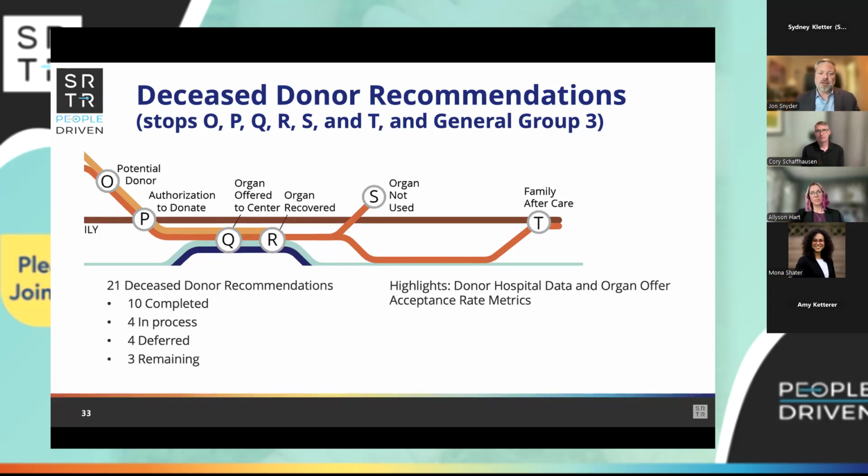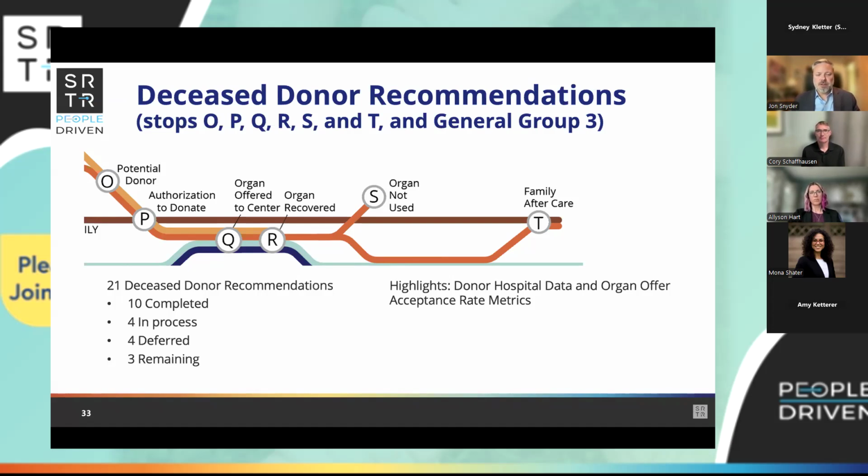Recovery of the organ is at stop R, and then whether or not the organs are transplanted. And the family aftercare component was a component of this system as well, as we know that our OPO colleagues are caring for those families long term throughout that process.